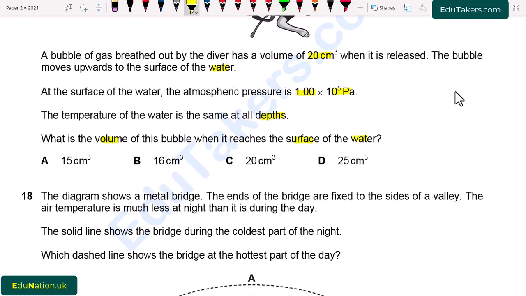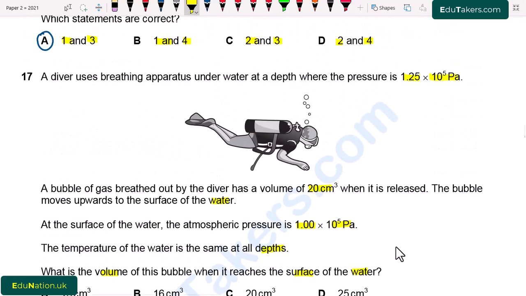So we have to find out the volume of this bubble. First of all, here I use Boyle's law, that P1 V1 is equal to P2 V2. From here we have to find out the value of V2. It will be equal to P1 V1 over P2.